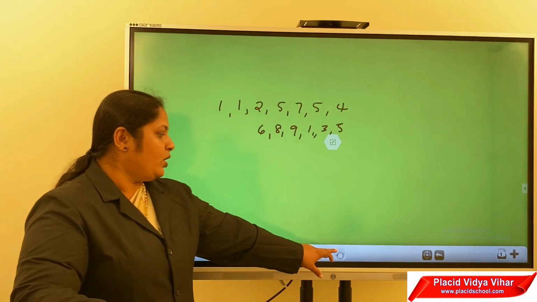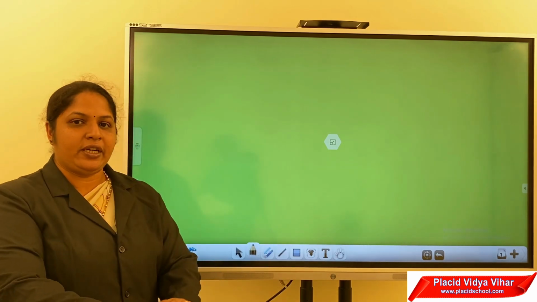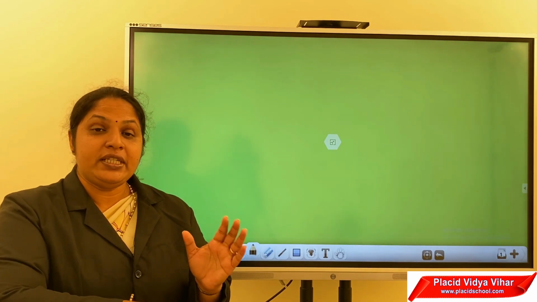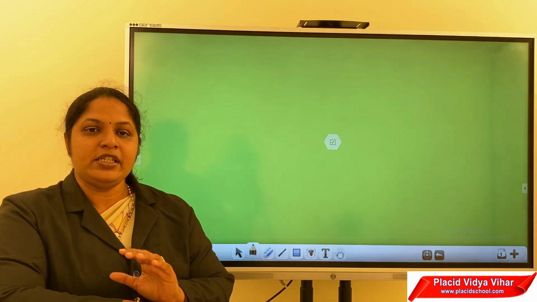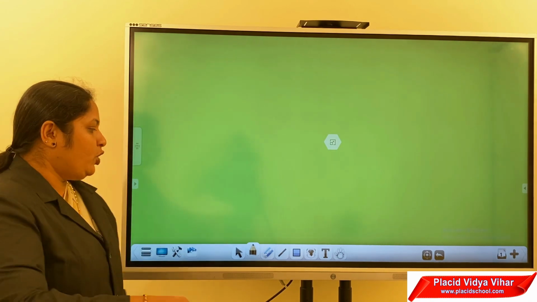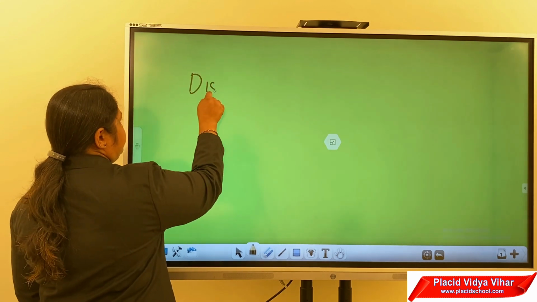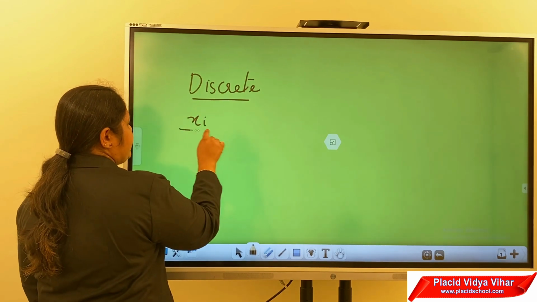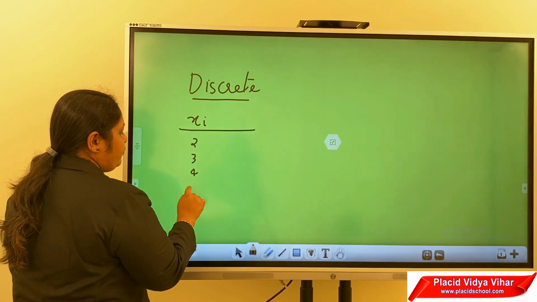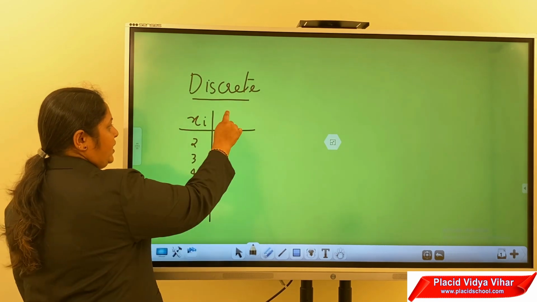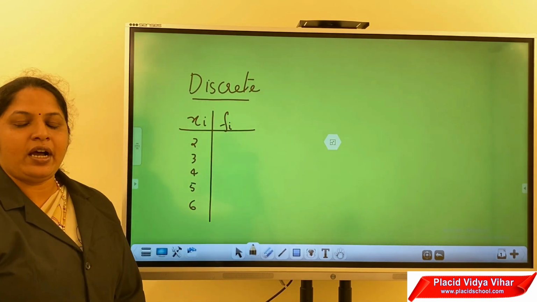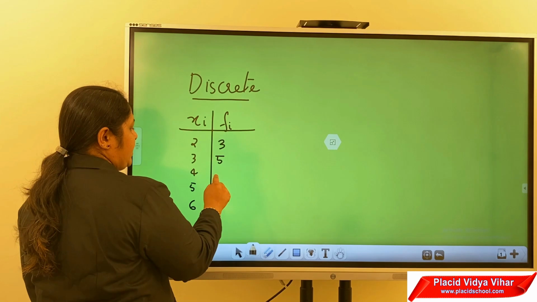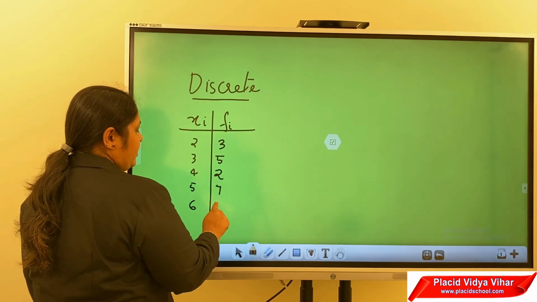Now, what is grouped data? For grouped data, we have two different types: discrete grouped data and continuous grouped data. First, we will look at discrete grouped data. If we have a set of observations xi: 2, 3, 4, 5, 6, and their corresponding frequencies are given, then 2 is repeated 3 times, 3 is repeated 5 times, 4 is repeated 2 times, 5 is repeated 7 times.